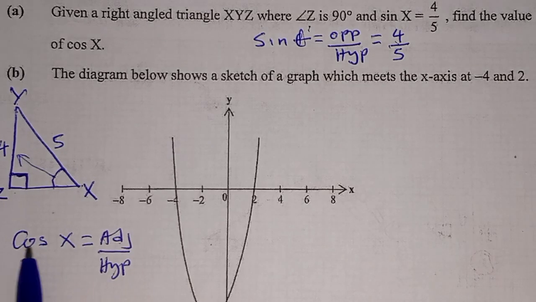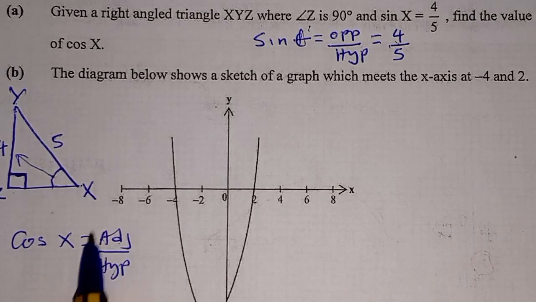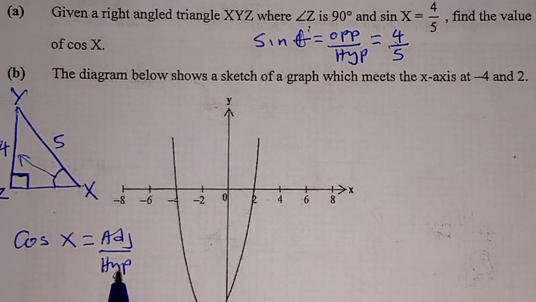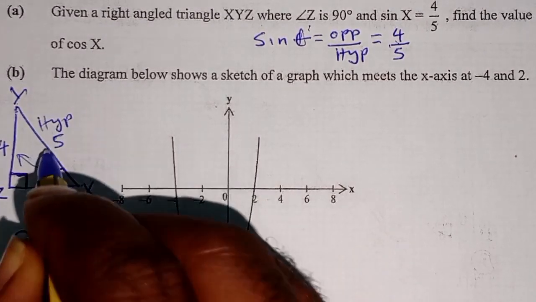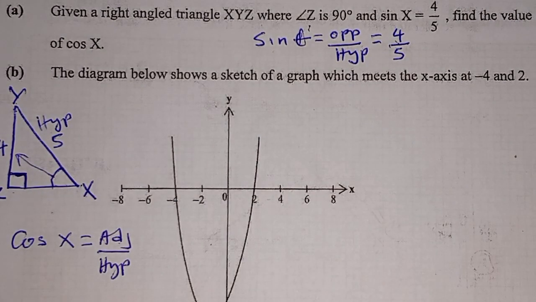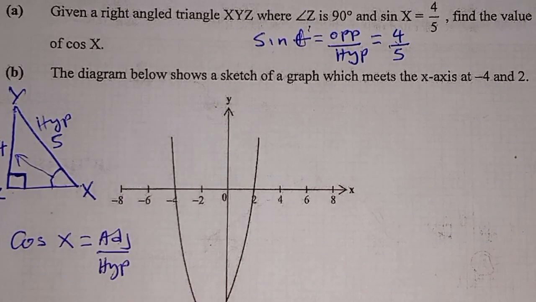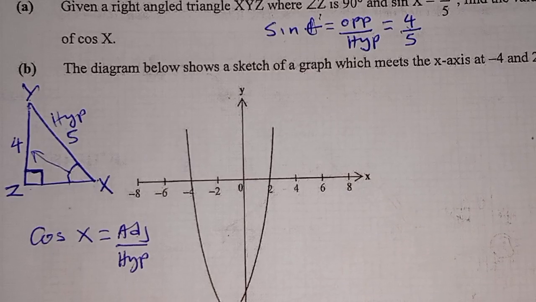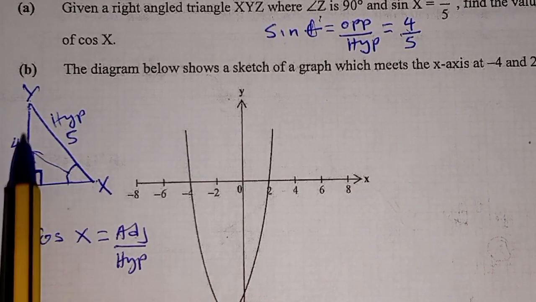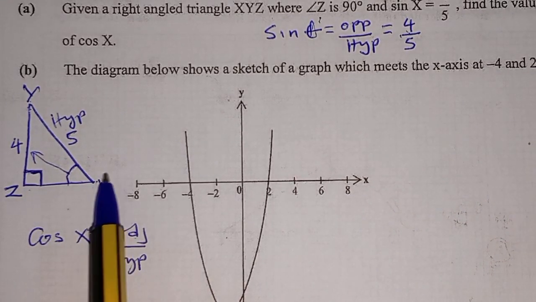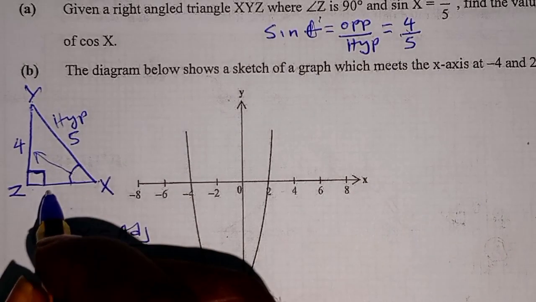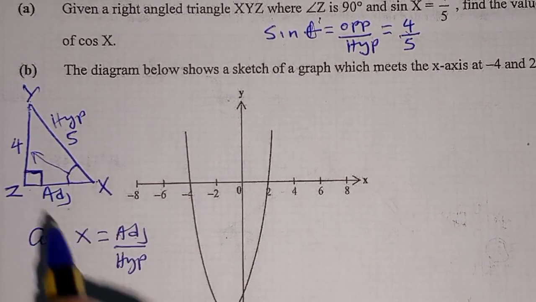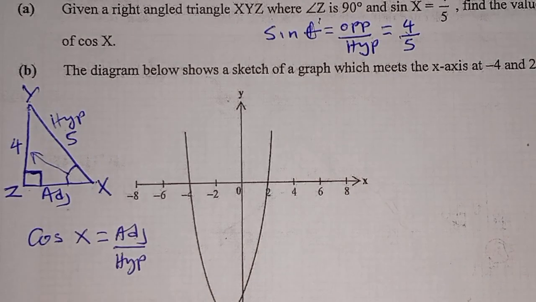Remember that cos x is equal to adjacent over hypotenuse. The hypotenuse is 5, and 4 is the opposite of angle x. So this is the adjacent of angle x.